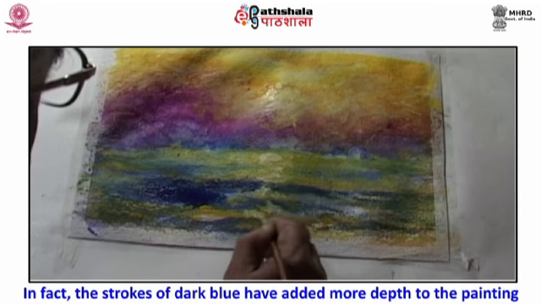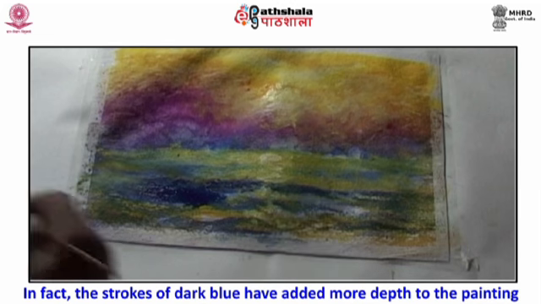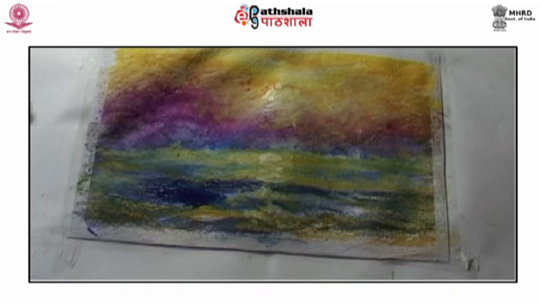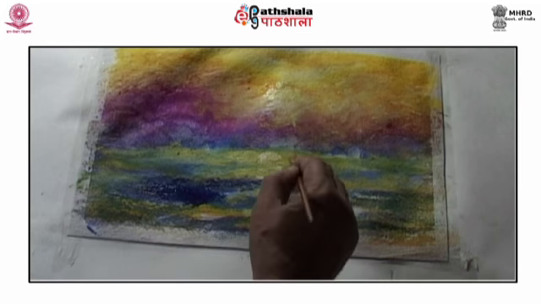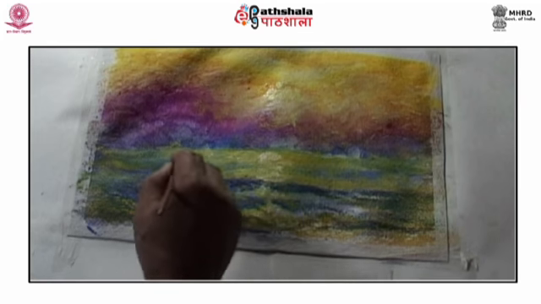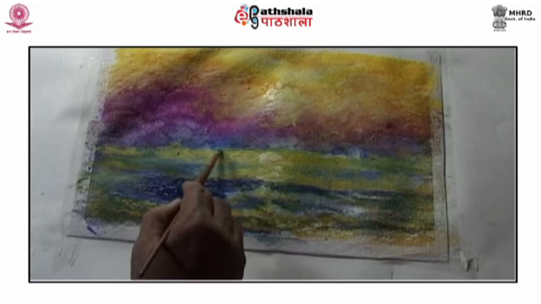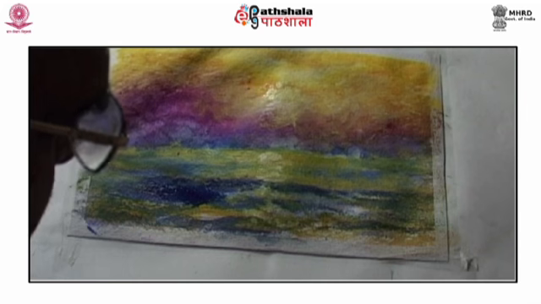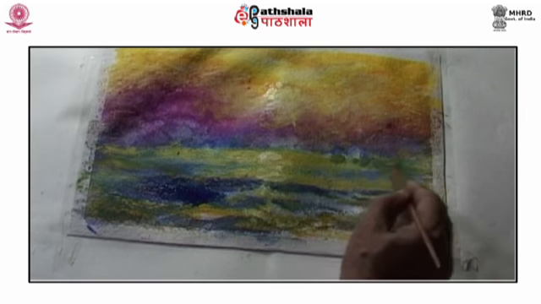In fact, the strokes of dark blue have added more depth to the painting. The yellow and white strokes are depicting the reflection of sky on the water surface.